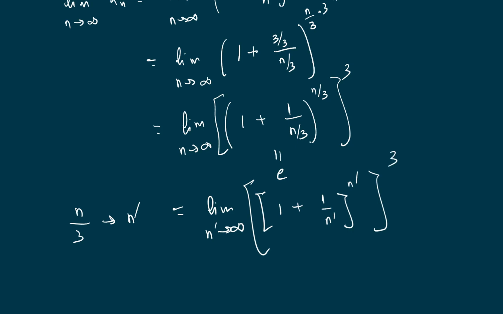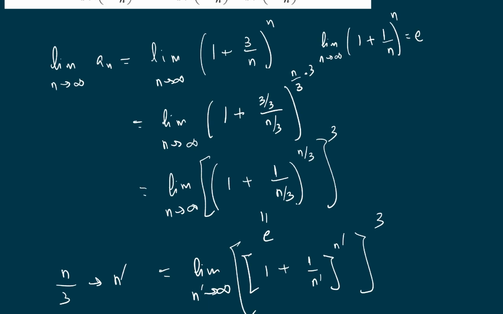So this limit, 1 plus 1 divided by something raised to the same something, is e.